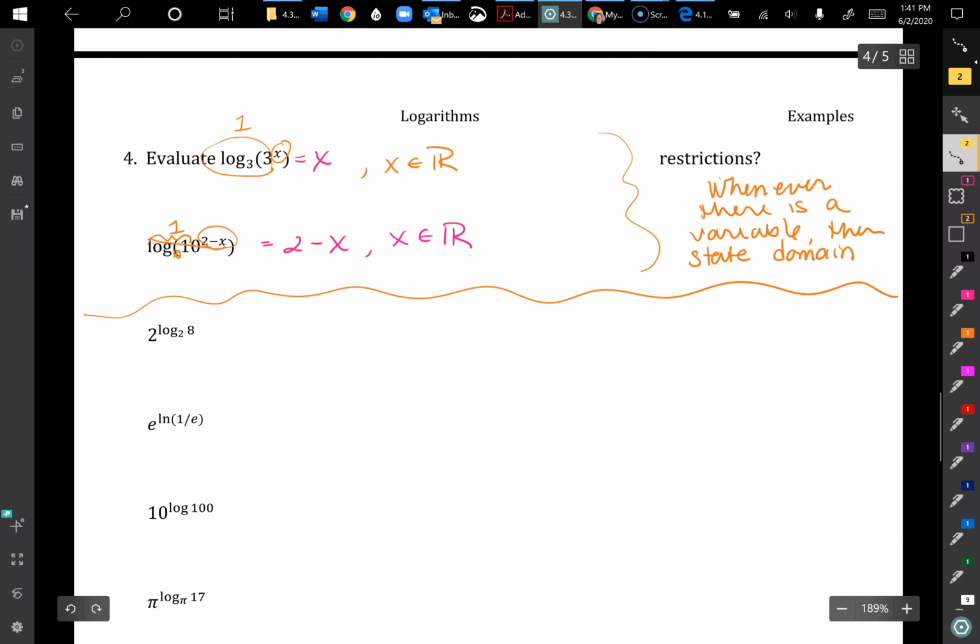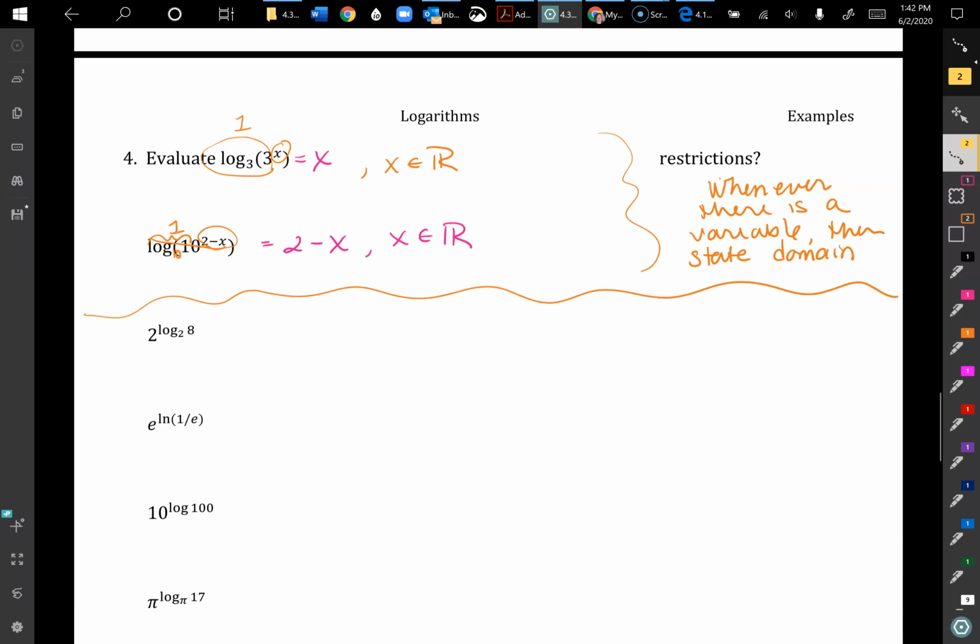So now let's look at some patterns going the other direction, like where there's a log as the exponent. So can we develop some properties based on the patterns that we see here? We're kind of just going the other direction. So we're taking this exponential and we're going to put it in the log form.